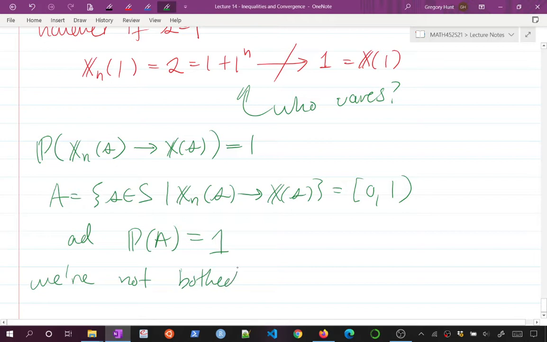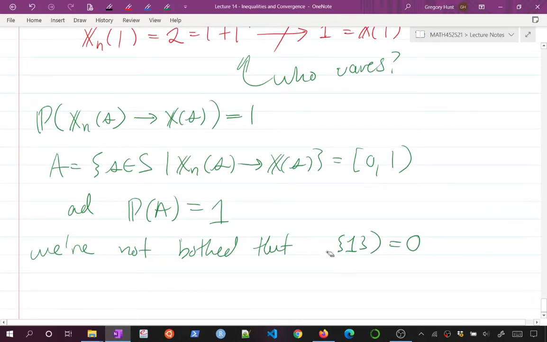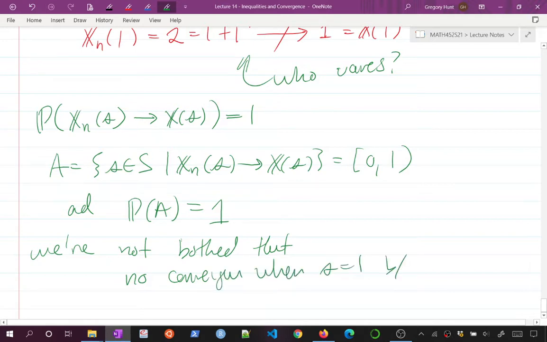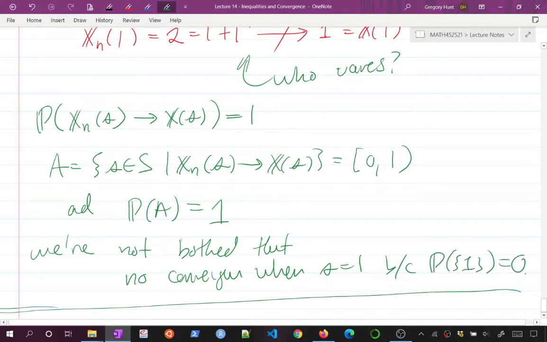We're not bothered that we don't get convergence when s is equal to 1, because the probability of being there is 0, and so we just ignore it.